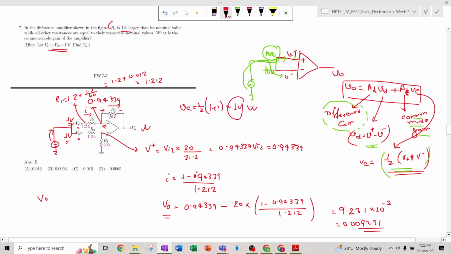We apply 1 volt and get this much in the output. So the common mode gain will be this VO divided by Vc, which is nothing but 0.009231. This will be the answer, the common mode gain of this amplifier.